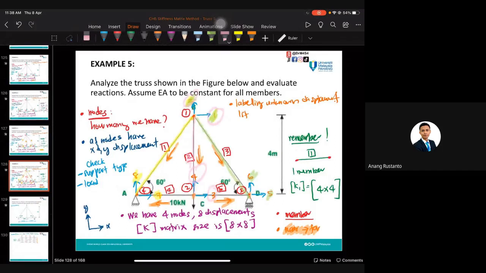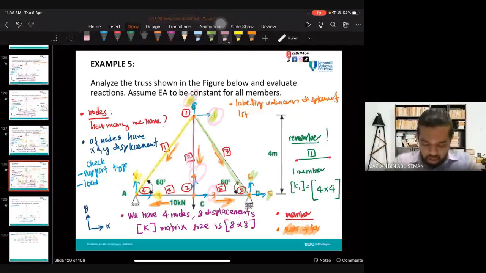There is one question from Lutfi in the chat box. Can we use point A as the global direction for the origin? Not A, okay. It is up to you. You know where you choose 0,0.